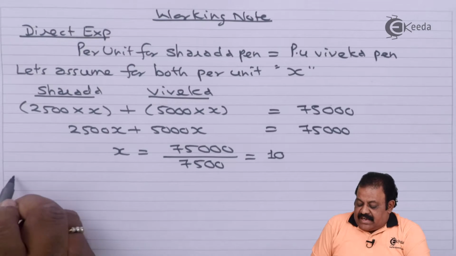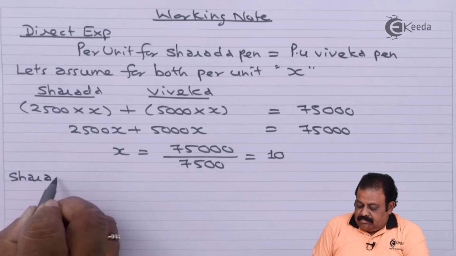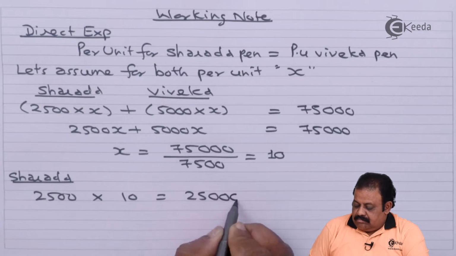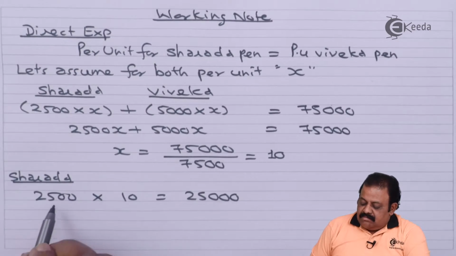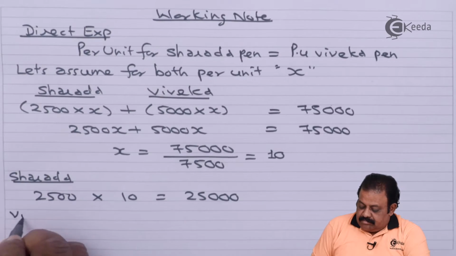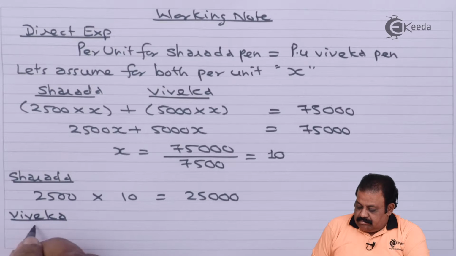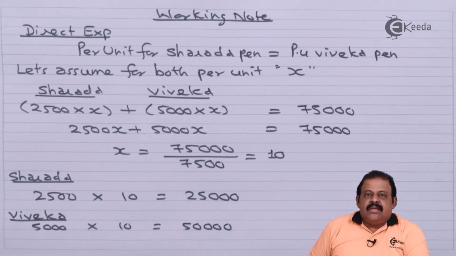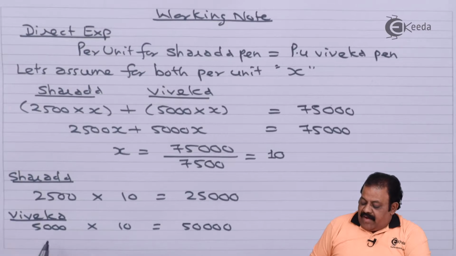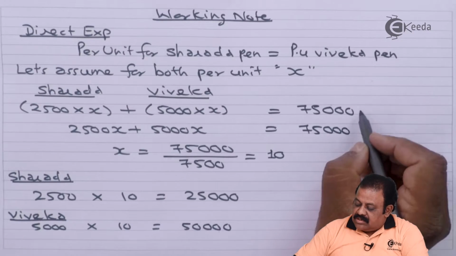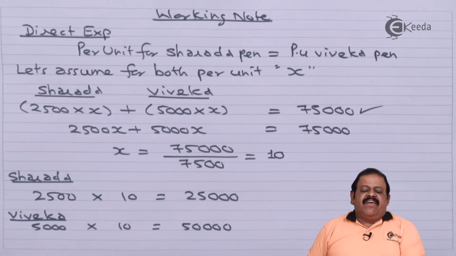So in case of Sharada, 2500 units, per unit 10 rupees, it will be 25,000. In case of Vivek pen, 5,000 units at the rate of 10, 50,000. 25,000 plus 50,000, it is equal to 75,000.